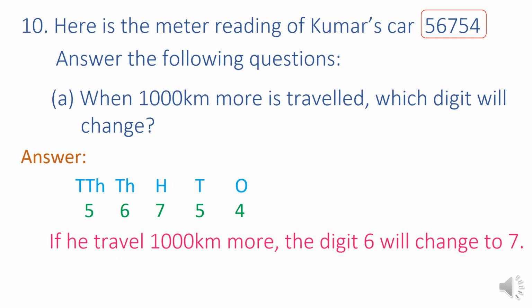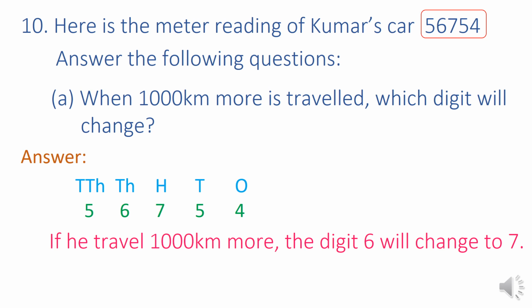Our first question is, when 1000 km more is travelled, which digit will change? The meter reading of Kumar's car is 56,754.